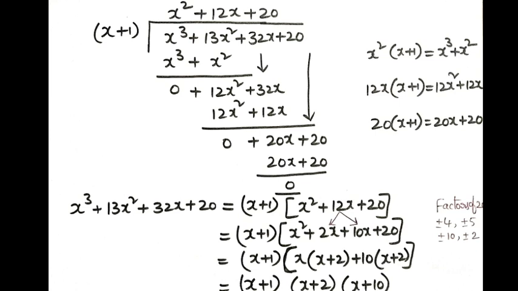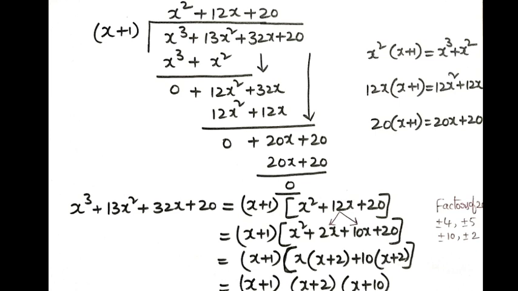In first two terms take x common, then x into x plus 2. In last two terms take 10 common, then 10 into x plus 2. Now in both the terms take x plus 2 common, then we got x plus 10. Therefore, the three linear factors of given polynomial are x plus 1, x plus 2 and x plus 10.